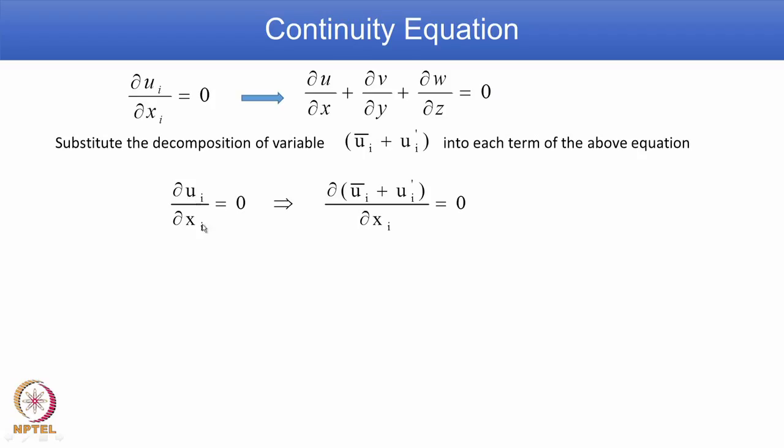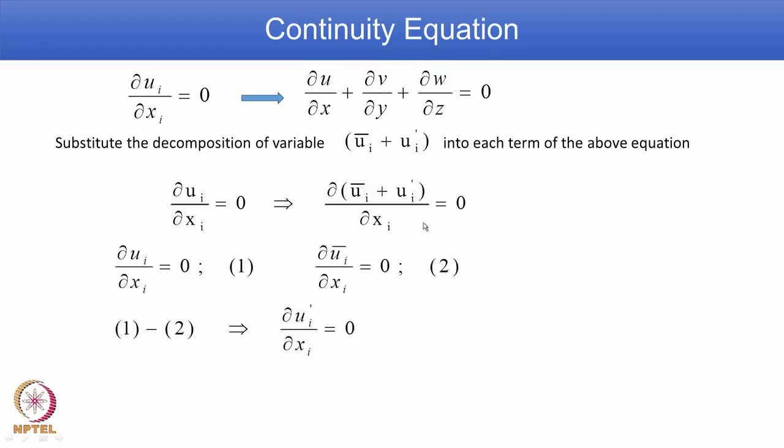So, you apply the decomposition for the velocity ui as shown here, that is ui bar plus ui prime, divided by dou xi equal to 0. So, you take that separately, that is dou ui bar by dou xi as one component and ui prime as another component.